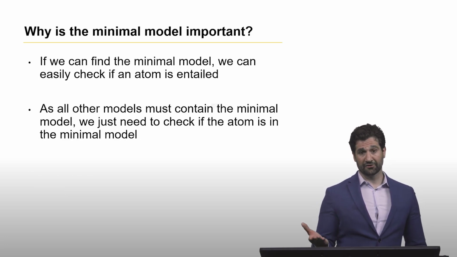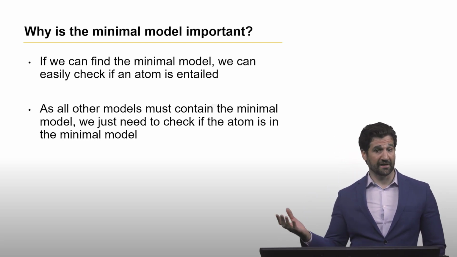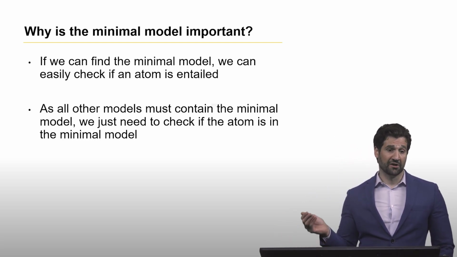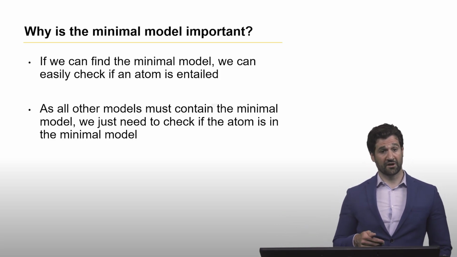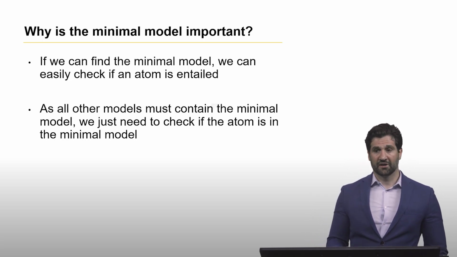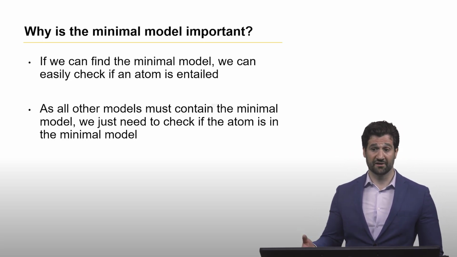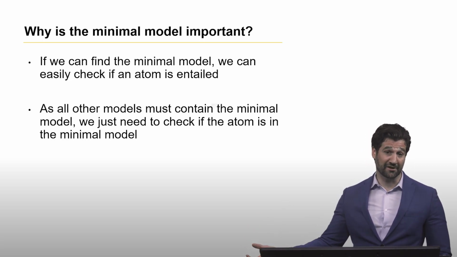And the minimal model is important for entailment because all other models of pi have to contain the minimal model. If we know the minimal model, we just check if that atom that we care about entailment for is in the minimal model, and we're good to go. And so this is really nice because it allows us to identify everything we can conclude from the logic program.